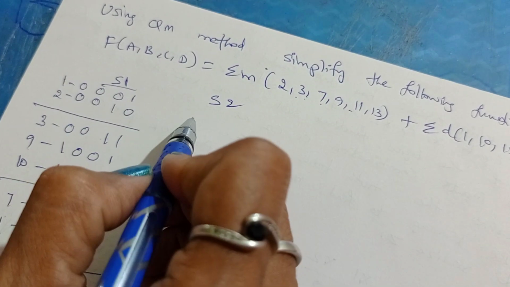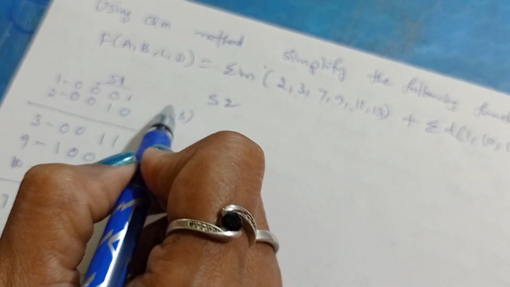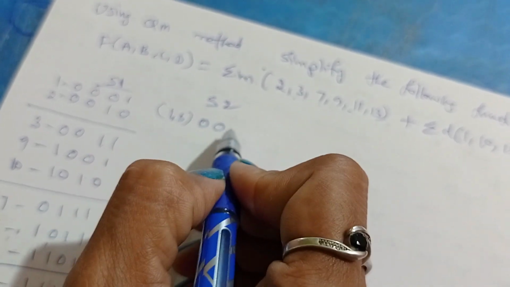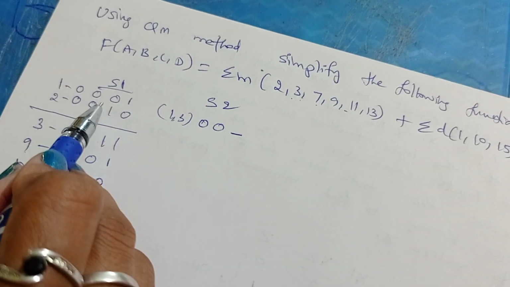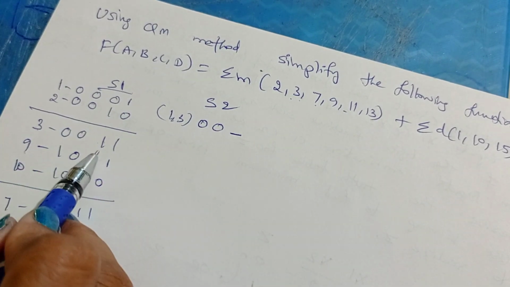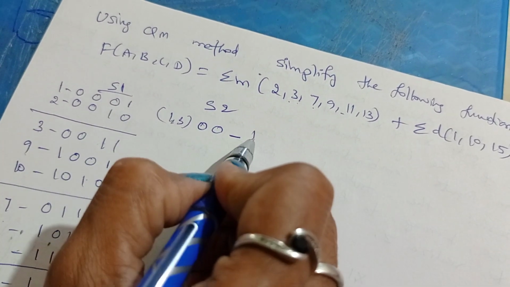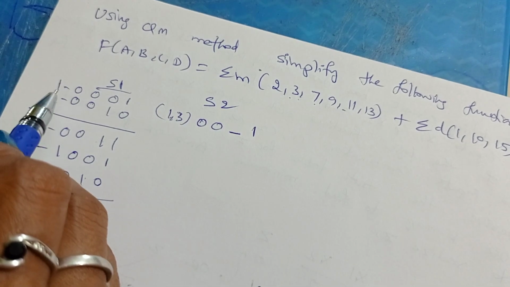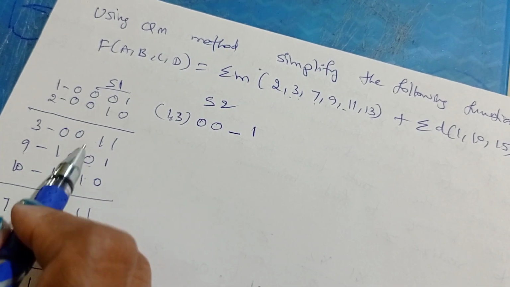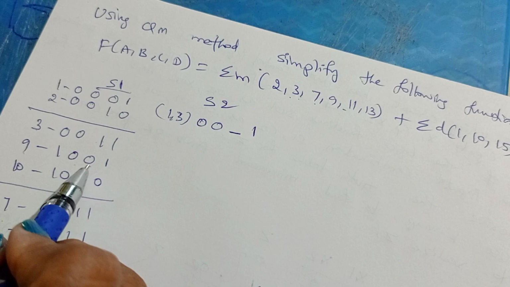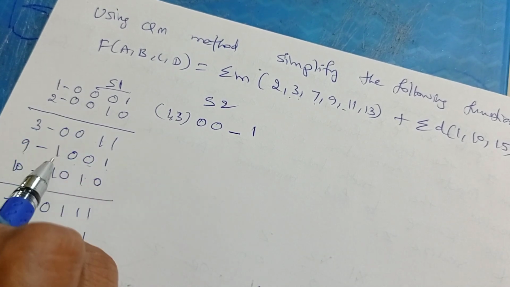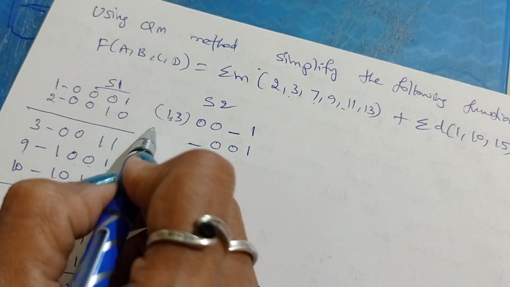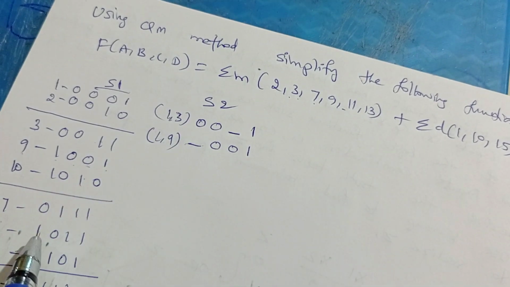So here we'll write 1, comma 3, for this 0, 0, hyphen, because this bit is changing, and same 1. Go on like this, will pair. Next 1 with 9. Yes, 0, 0, 1 constant, the 0 is changing to 1. So hyphen 0, 0, 1. This is 1, comma 9.